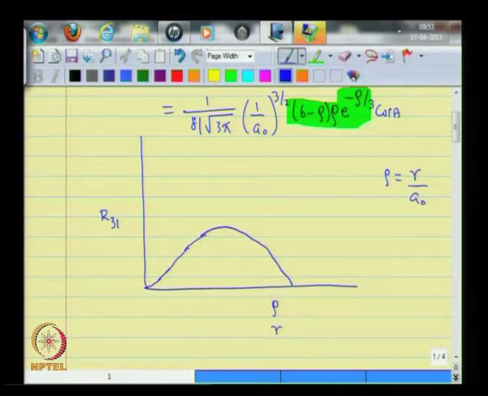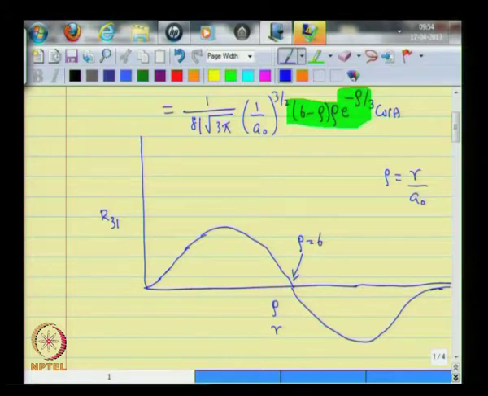So it turns around at rho equal to 6. At this point, rho equal to 6, the wave function R31 becomes 0, and beyond that the wave function turns out to be negative. Eventually, when rho is infinitely large, the wave function will approach 0.